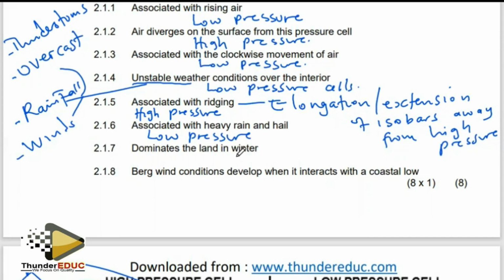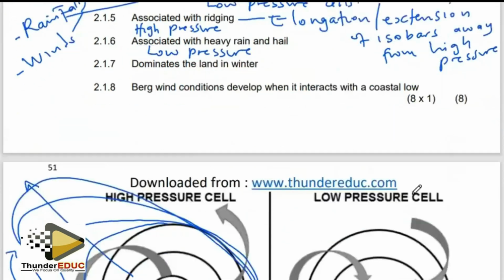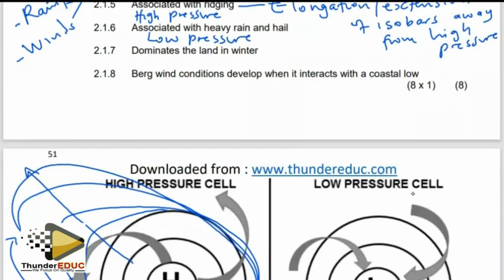2.1.7 dominates the land in winter. That will be a high pressure cell. In the winter, the high pressure cell dominates the land. How do we show that?